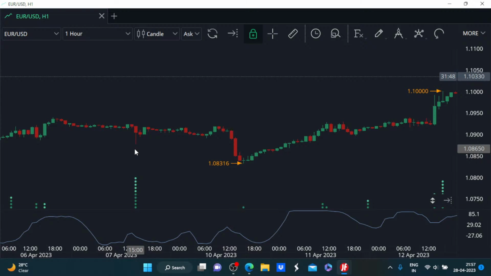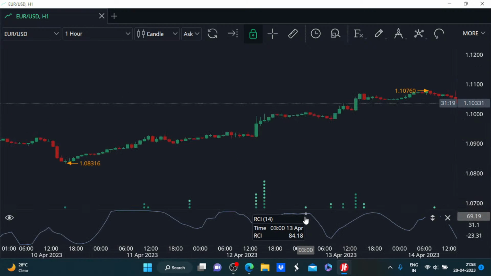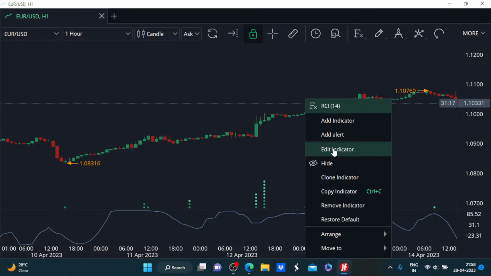No indicator is foolproof, so sometimes it is going to misfire, and it is better for us to know the limitations of the indicator we are working with, and then we can try to filter out some of the trades, and we will be in a better position to go for the trades which we feel are likely to be profitable or have a higher probability of making profitable trades. Now let us see what we can do in terms of its customization.